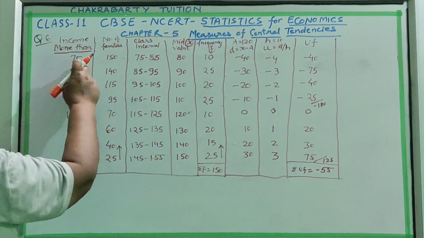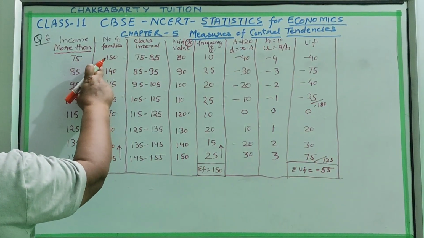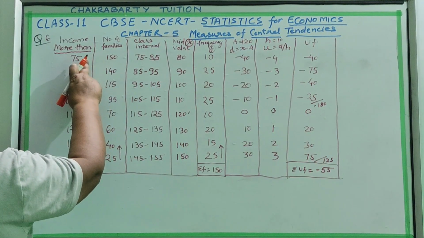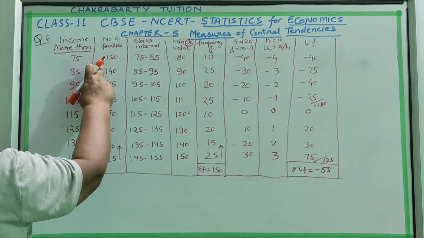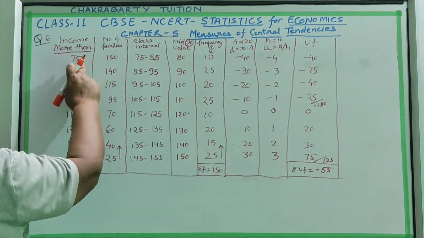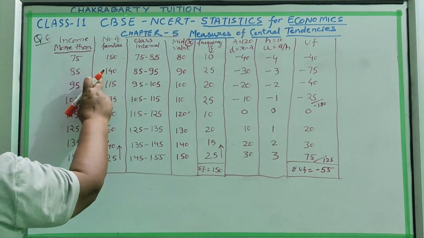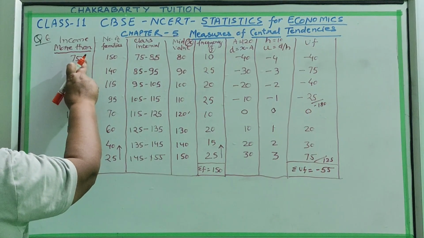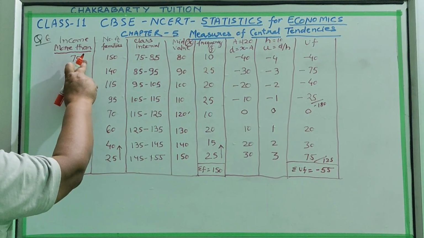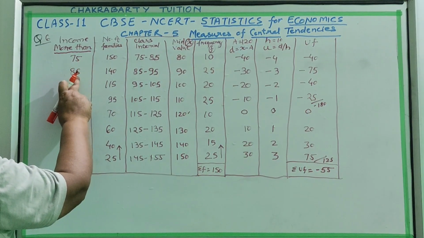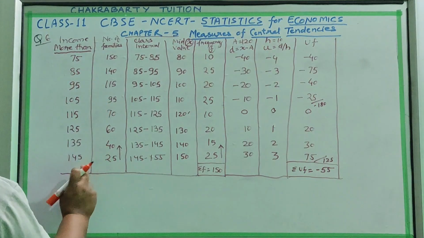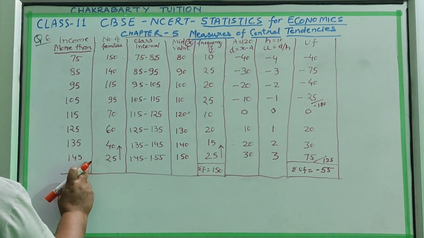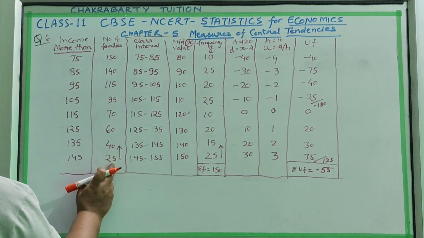So more than series means these families with income more than 75 are having 150, more than 85. Now who are earning more than 75, they are not covered here. So it is 140. Likewise, more than 145, only 25 families are there.